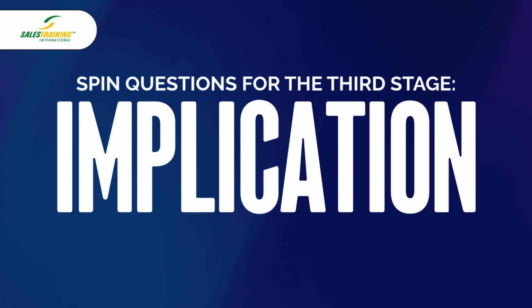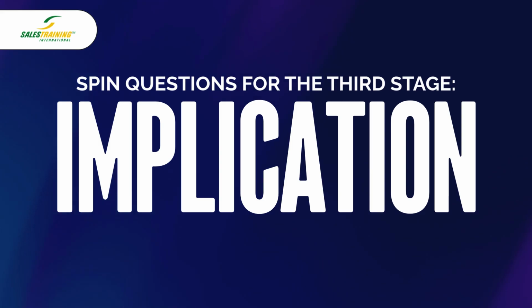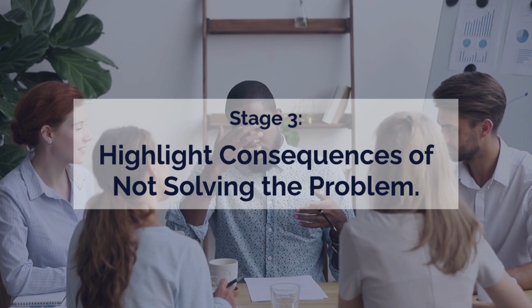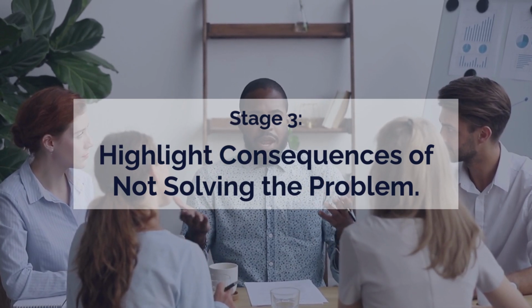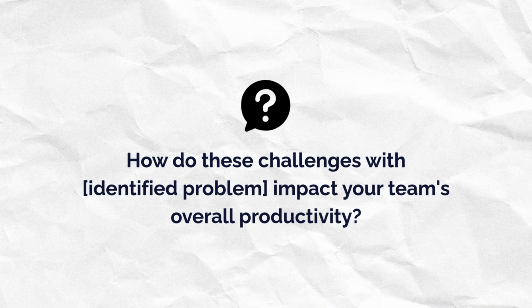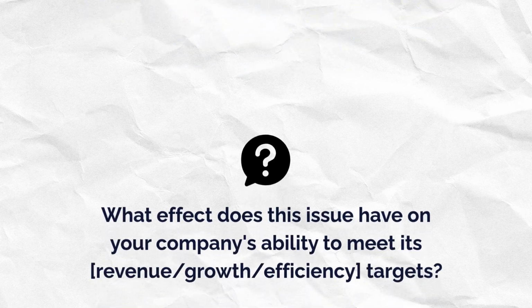The third stage is the implication stage. This is what might happen if you don't do something about it, highlighting the consequences of not solving the problem. Here are some sample questions you might want to use. How do these challenges, with whichever problem you've identified, impact your team's overall productivity?